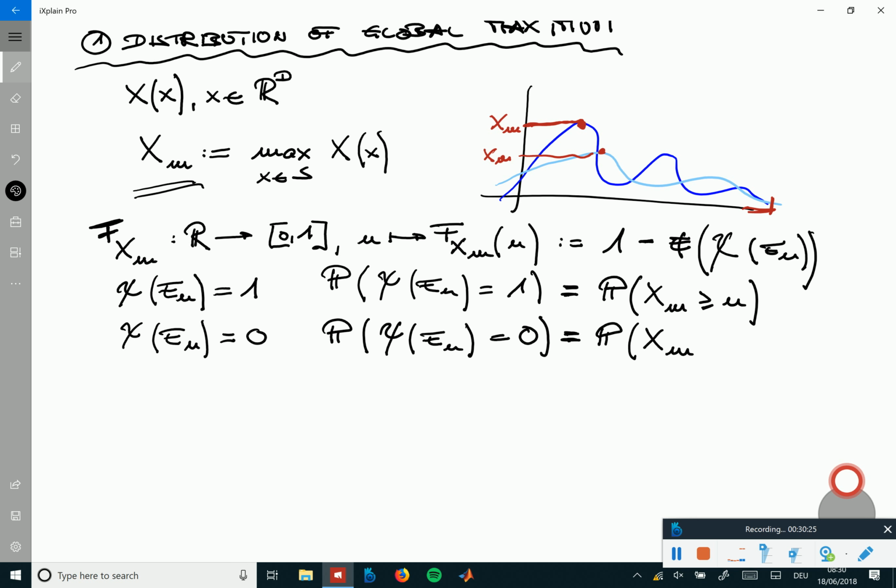That the global maximum is 0? The Euler characteristic is 0. That also means that the number of local maxima is 0, yes. But what can you say about the relationship between the global maximum and the threshold if the Euler characteristic is 0? Smaller than u. Yeah, actually, so one has to decide. I'm deciding here in this way.